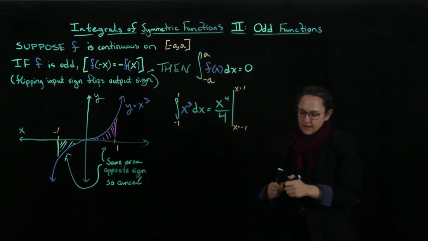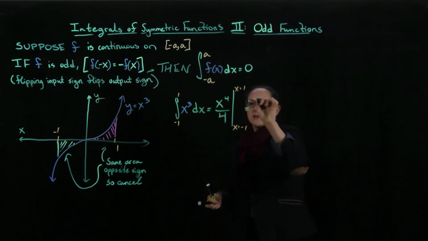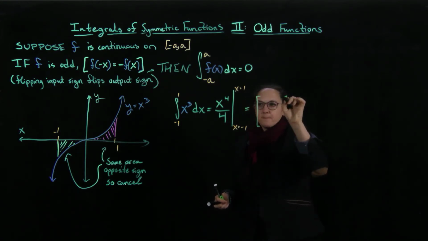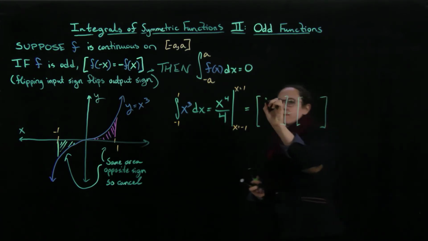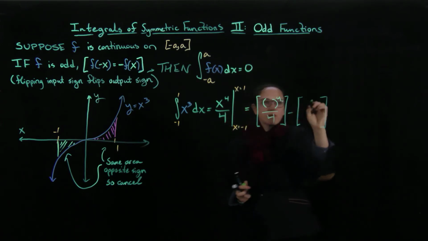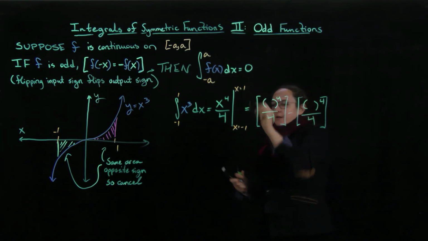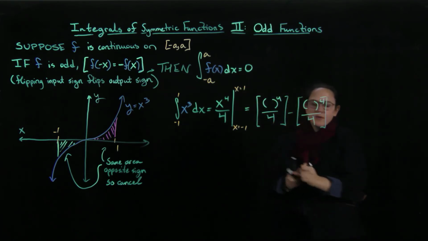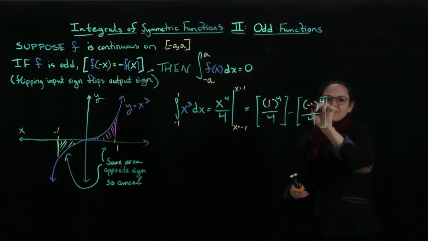How do we do that? As we all know by now, my preference to make sure I'm not making mistakes is to put parentheses in place of my x. I put in the 1 first because that's the upper limit; upper goes first, lower goes next.